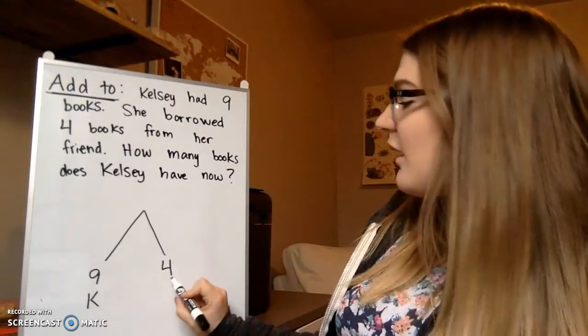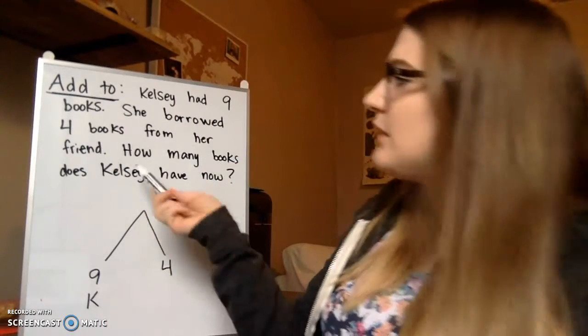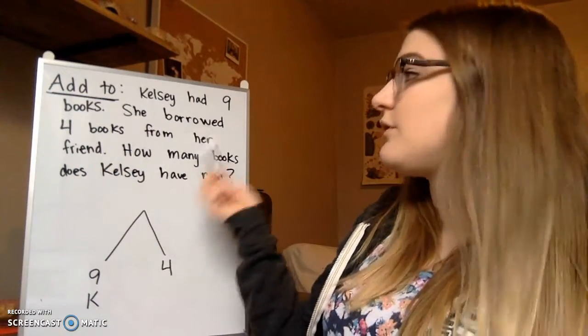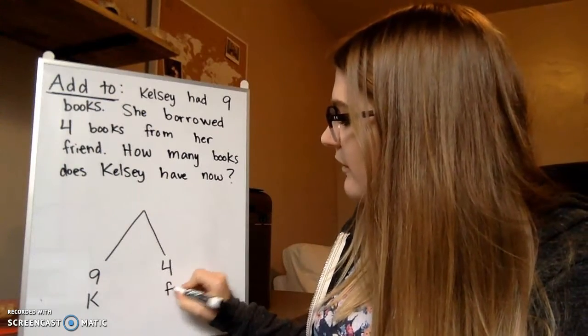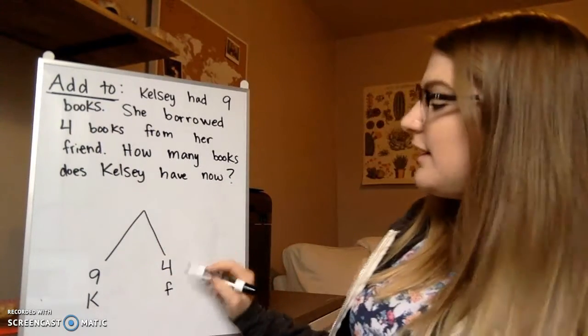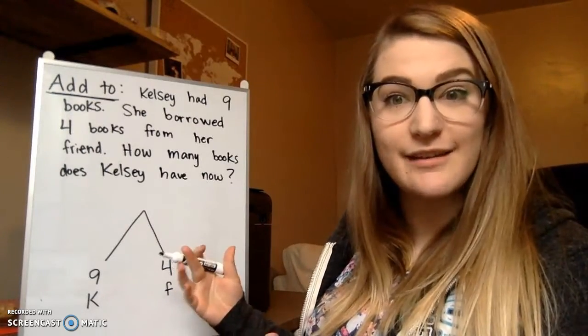Okay? And then 4, I've got to remember, what does that 4 represent? Well, in our word problem, it says she borrowed 4 books from her friend. So I'll put an F under 4 just so I remember that that's from the friend. Okay? So then if I add 9 plus 4, what does that give me?